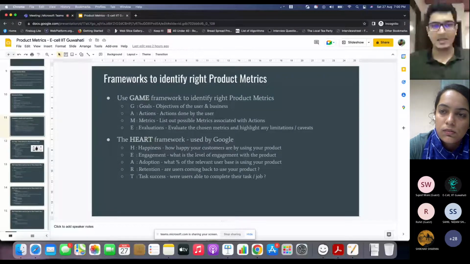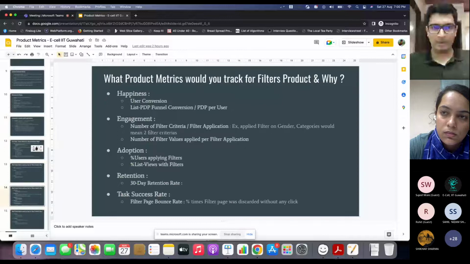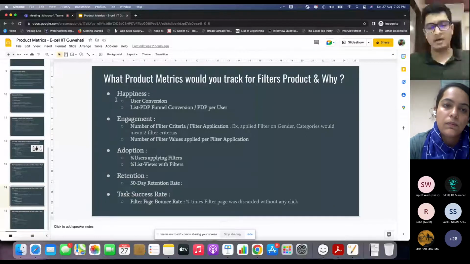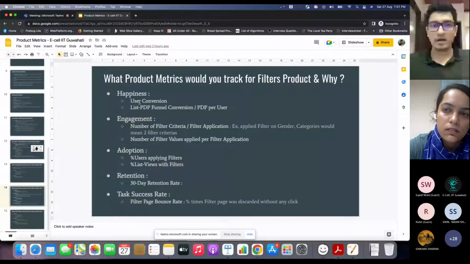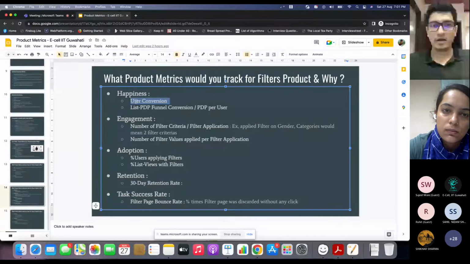And then start looking at the NPS score and the feedback that your customers have given to you. That becomes your happiness score. Of course, there are other indicators of happiness, which is user conversion. Are users converting with their purchase or not, right?